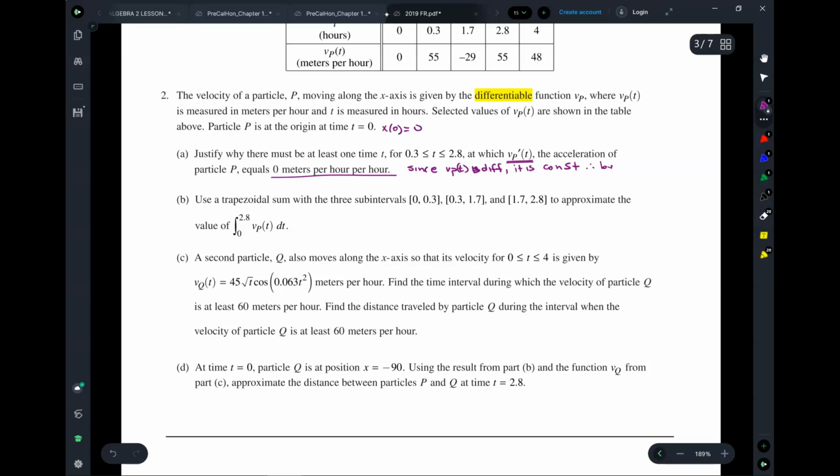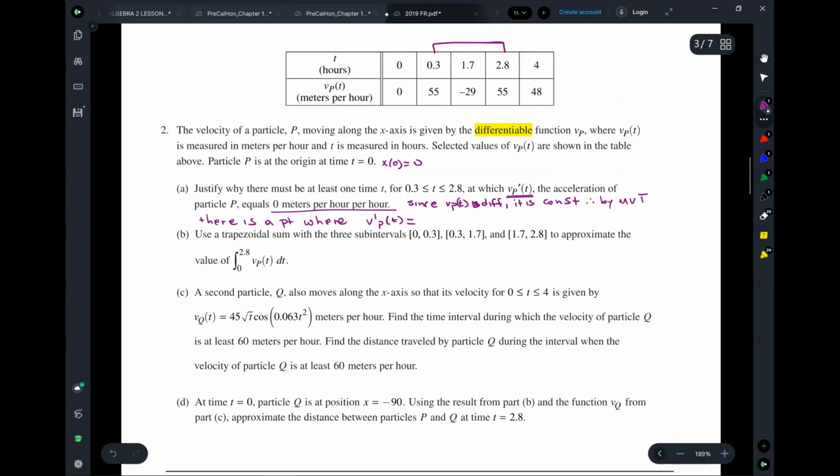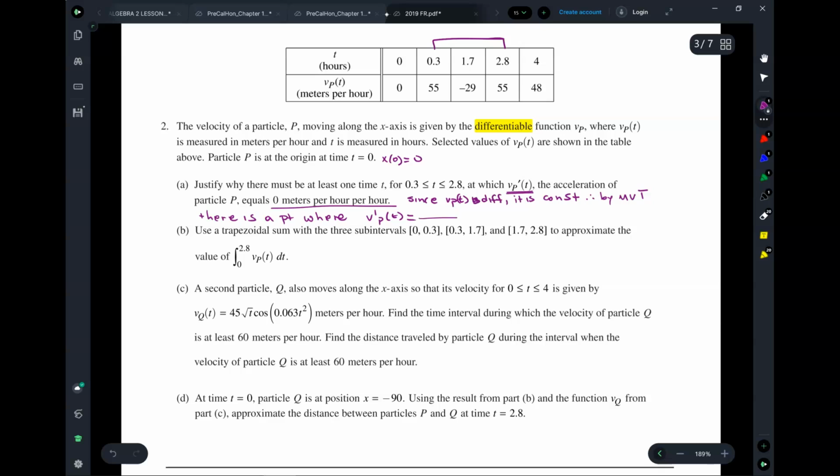Therefore, by the mean value theorem, there is a point where v prime p of t equals, now you have to show what it equals. Basically, v of 2.8 minus v of 0.3 over 2.8 minus 0.3, and that's equal to 0.